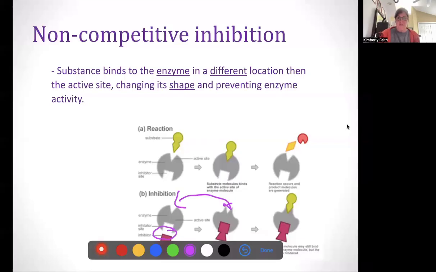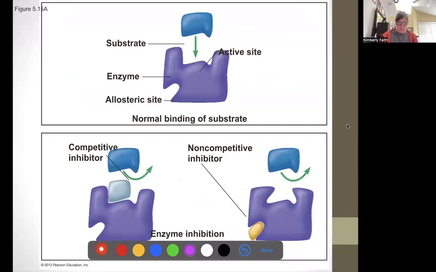All right. So that is a way that we can turn that enzyme off. So competitive will bind to the same site as the substrate. Non-competitive binds to a secondary site on the molecule. Both of which, you can see here, here's our competitive, here's our non-competitive, both of which is going to slow down the rate of that enzyme's productivity.